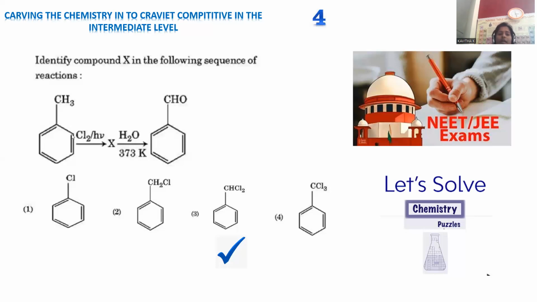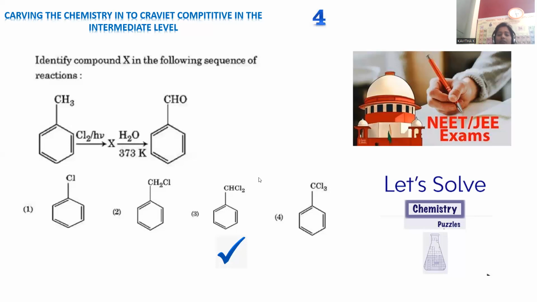And if the compound generated is X, unknown to you, and further treated with water, called hydrolysis, at a specific temperature of 373 Kelvin, the final product is benzaldehyde rather than benzoic acid, so we are not supposed to confuse it with CCl3. So we have to stop the chlorination at the CHCl2 stage only.